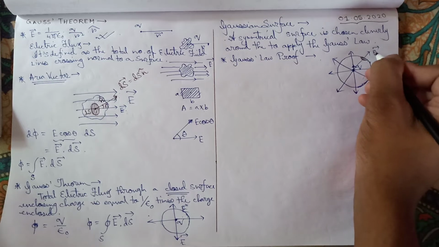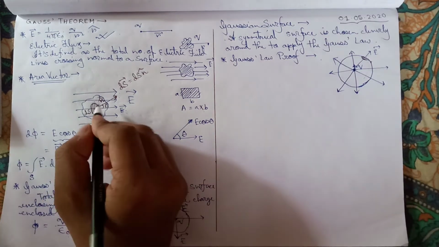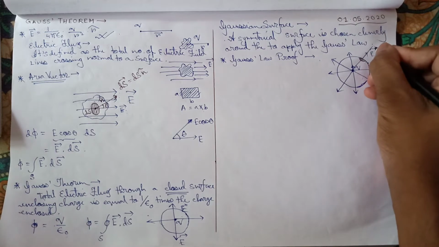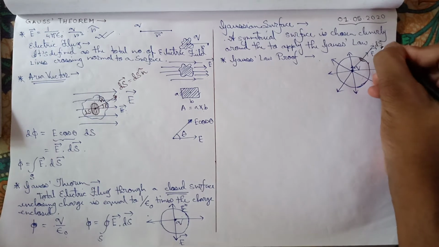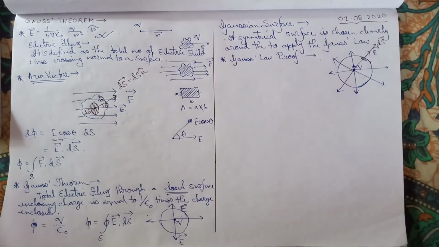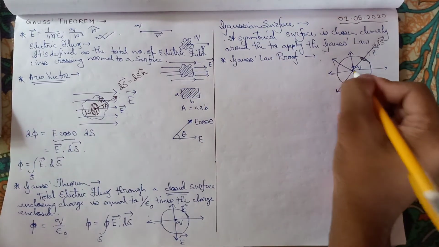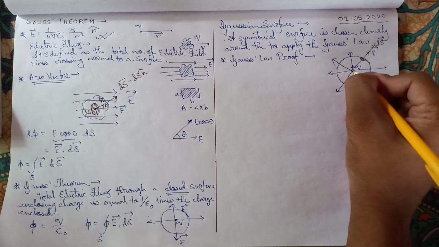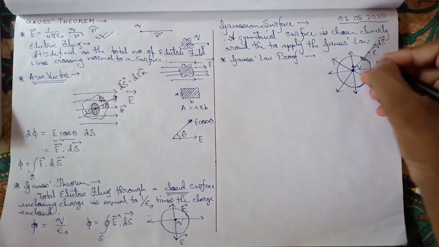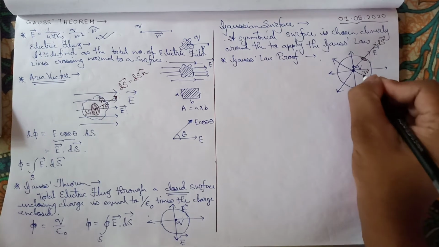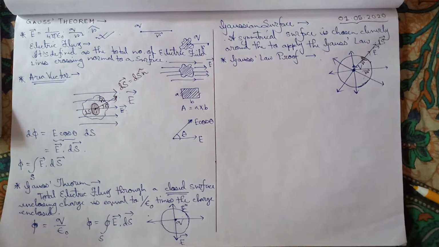It will be along the electric field, because the direction of the surface is normal to the surface. So the direction of the surface area will be like that, ds. Now, as it was considered a point charge, let's take the distance as r. The sphere has radius r, so all points have r.